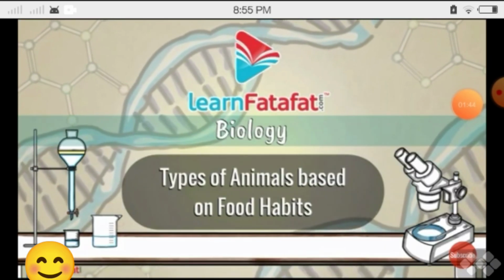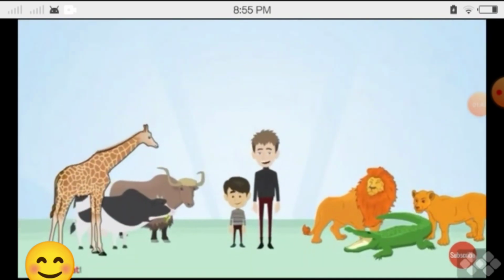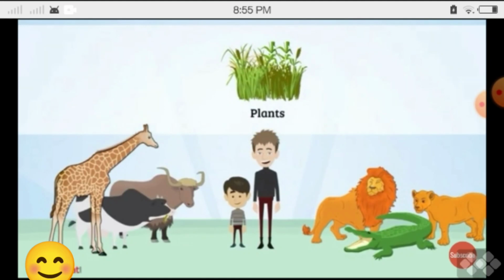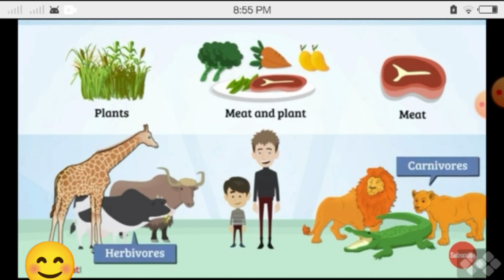Types of animals based on food habits. All living organisms need food. Do all of them eat plants? No. Based on their food habits, we can classify them into different categories like herbivores, carnivores, and omnivores.